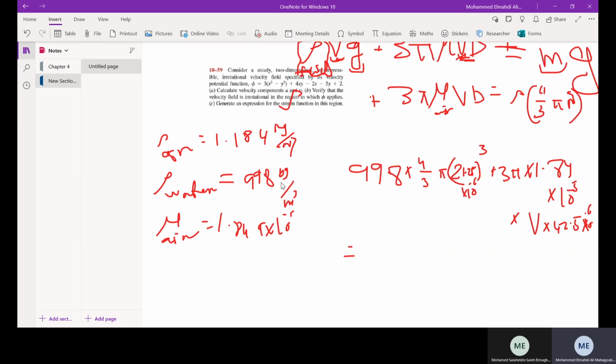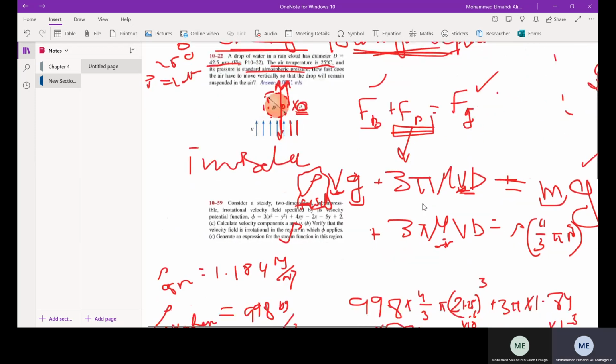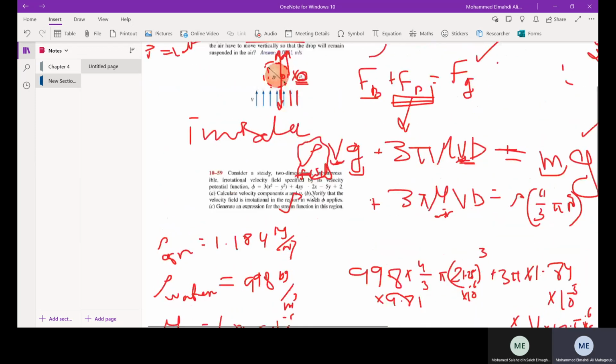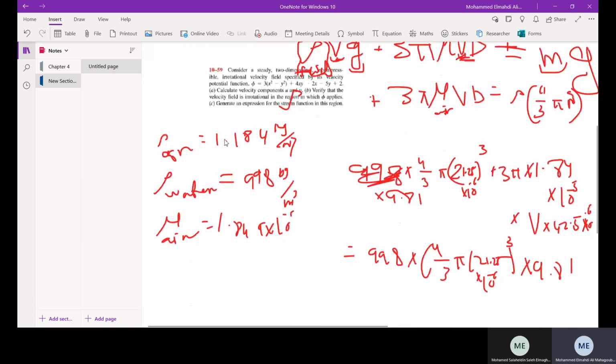This is equal to the weight. Again, the mass is rho V, so rho of the water, 998, multiplied by 4 over 3 pi, 21.25 multiplied by 10 to the power minus 6, all of it cubed, and then multiplied by 9.81. Then the rho of the fluid, this one, is 1.184.